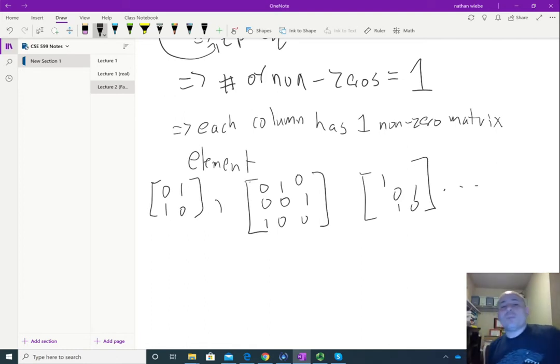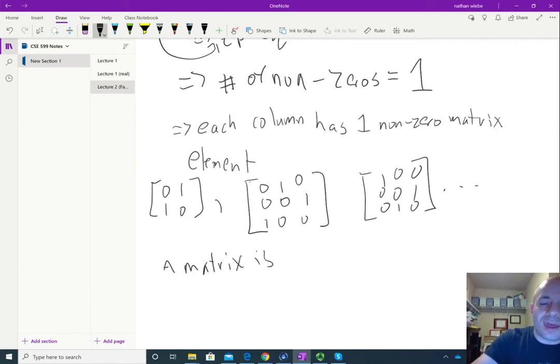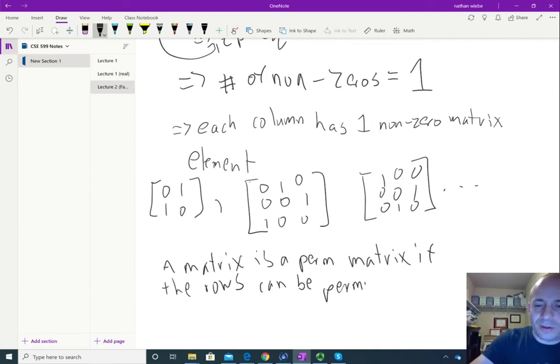You get the idea. But the point is that a matrix is a permutation matrix if the rows can be permuted to form identity.